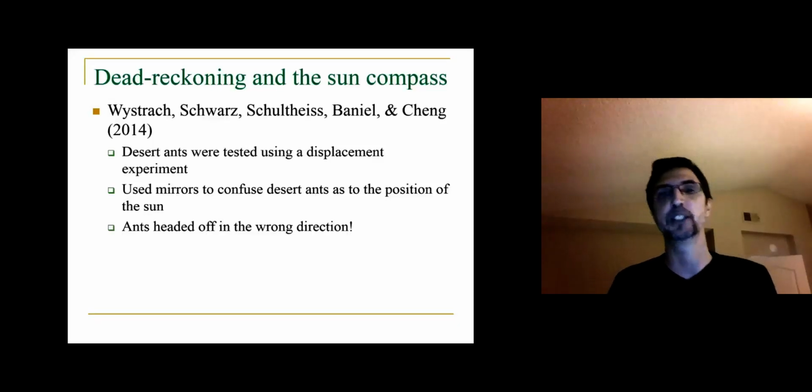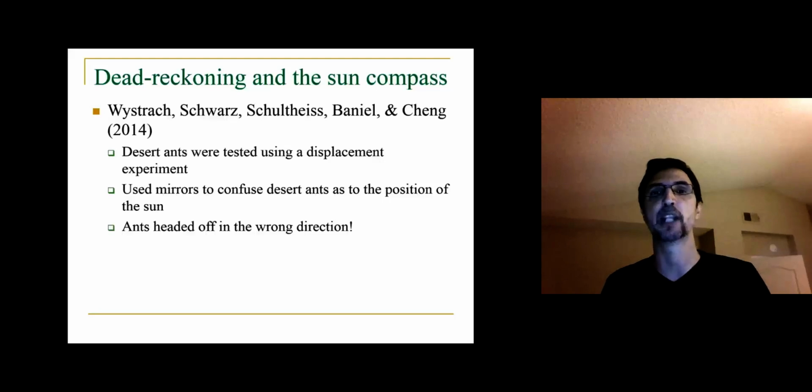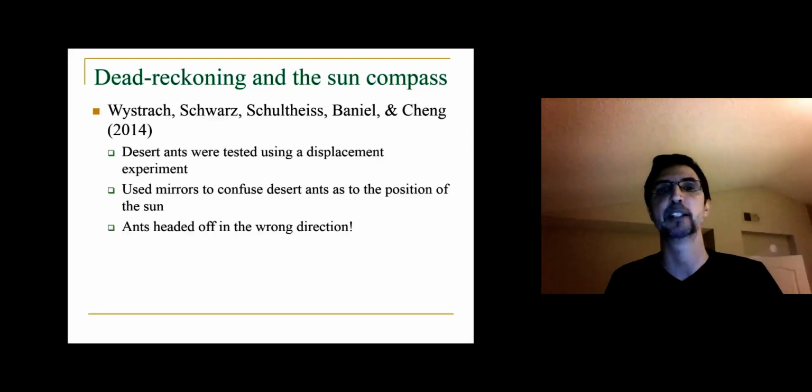And what they did was they used carefully placed mirrors to confuse the ants as to the location of the sun. And they did so systematically. They found that they could systematically make the ants go in the wrong direction by altering where the sun would be seen. So when they indicated the wrong direction of the sun, the ants started to head in the wrong direction.